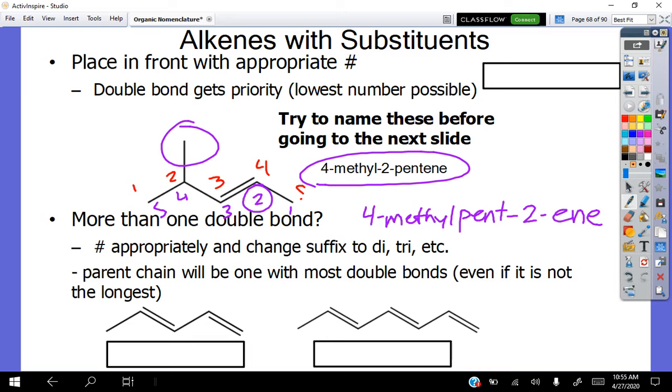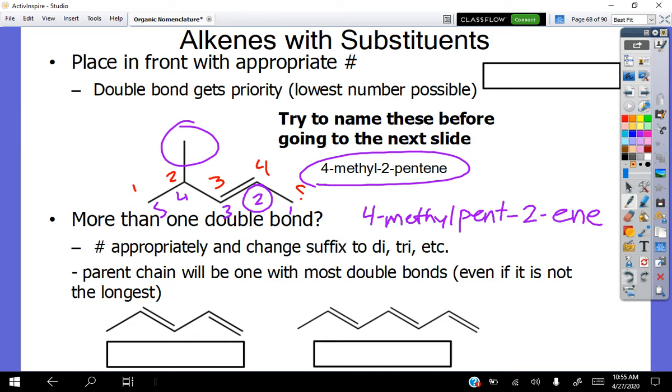But when you've got multiple types of high priority substituents, as we'll see when we get to some alcohol problems that also have alkenes in them, this system where you put the number directly next to the feature it's describing will be useful for us.